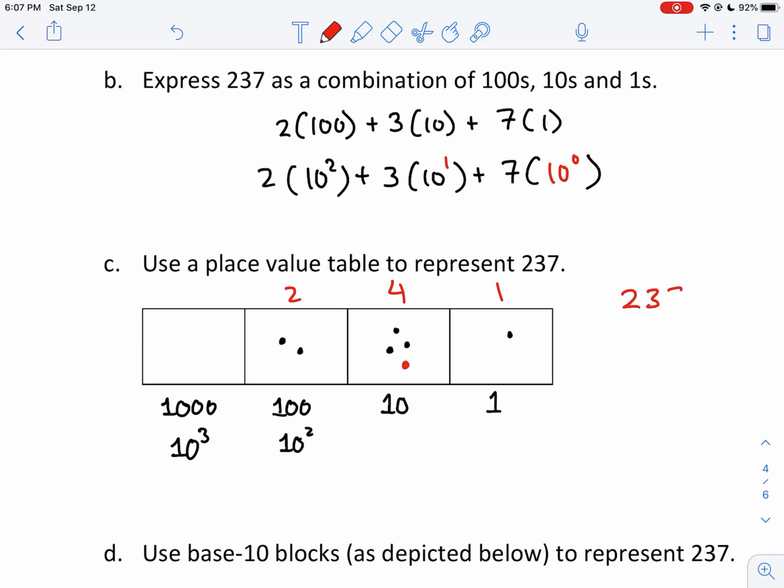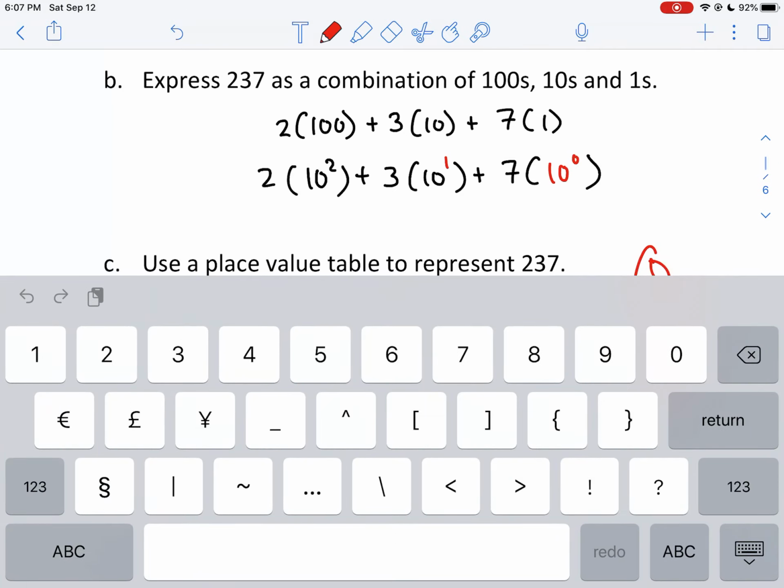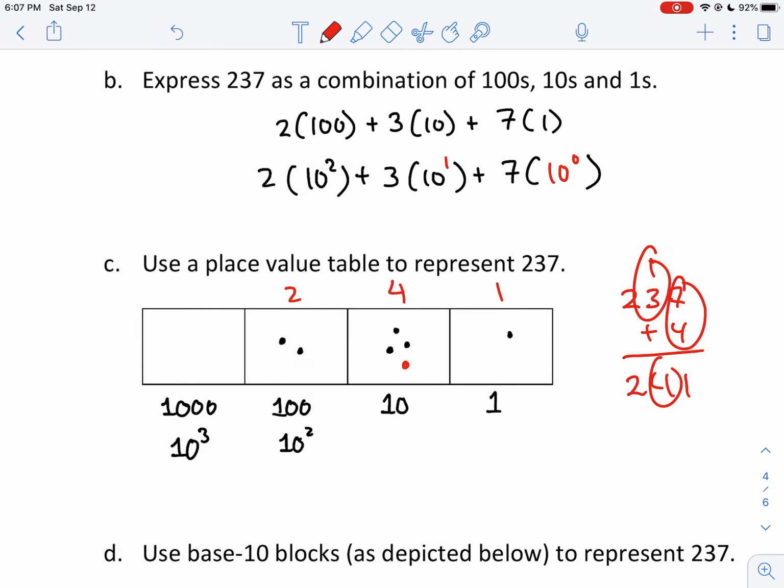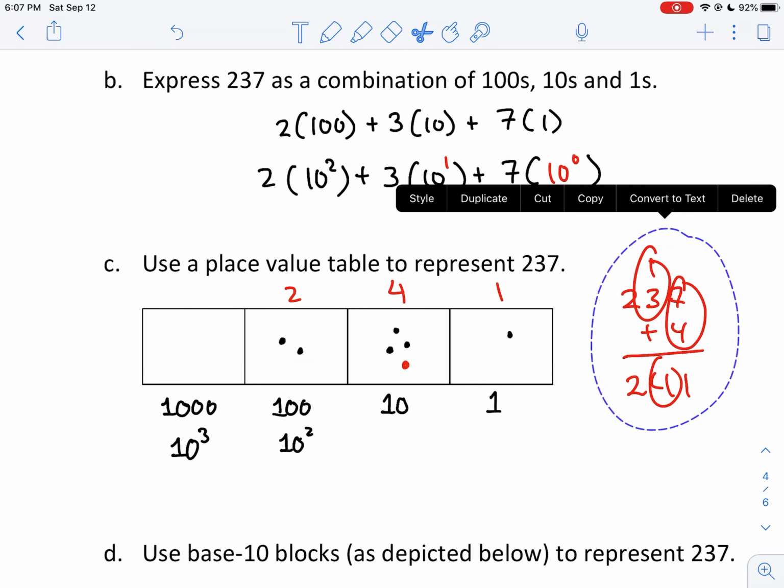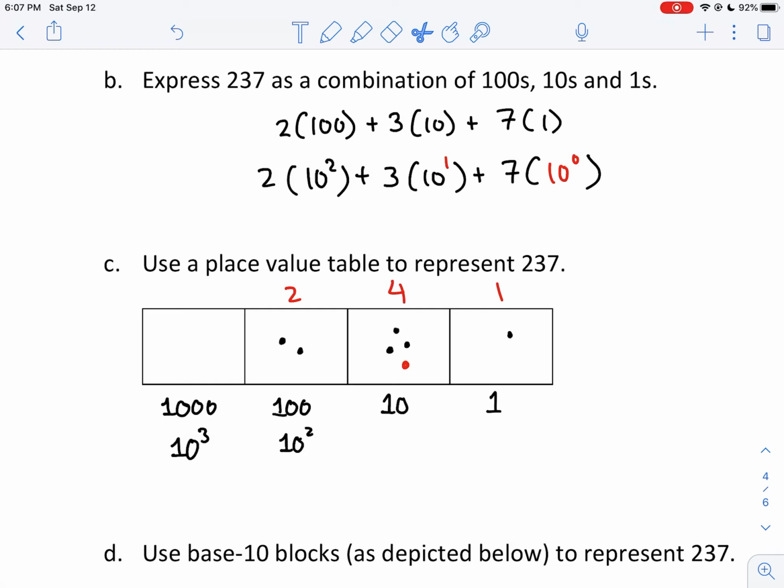So we just sort of showed visually that 237, add 4 to that, we get 241. What's happening here is the same idea that you learned when you add 7 and 4, you get 11, you carry the 1, and then you add those and you get the 4. Really, you're adding 10 to 40, not 1 to 4, is technically what's happening here. And we'll talk more about that algorithm later.